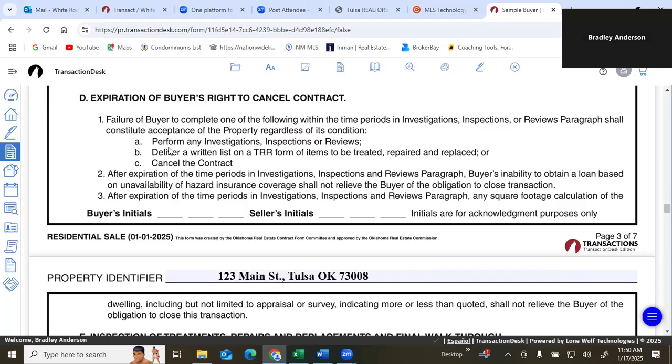Those are perform any investigation, inspections, or reviews. So that to me would be the inspection, and or deliver a written list on a TRR form of items that you want treated, or cancel the contract, right?